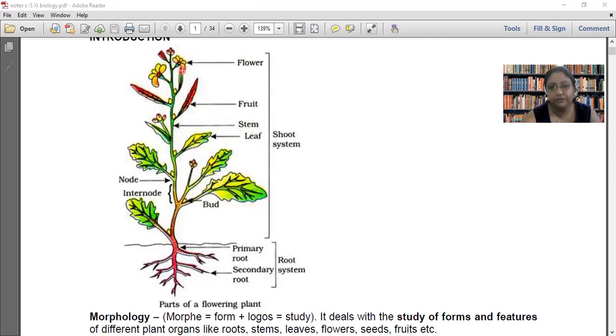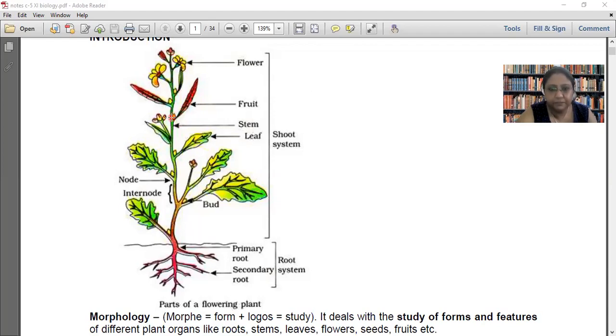One is the flower, which is the main reproductive part of the plant. Second is the fruit, which bears seed. Although plants go for vegetative reproduction, if you look into angiosperms, all of them reproduce sexually. And fruit is bearing the seeds, which is the precursor of the plant.